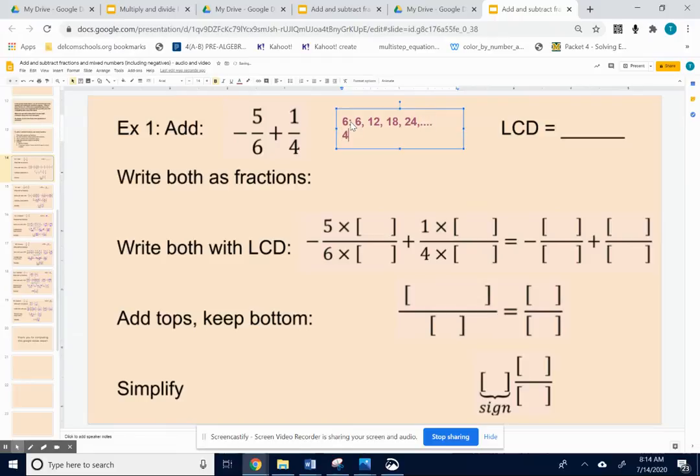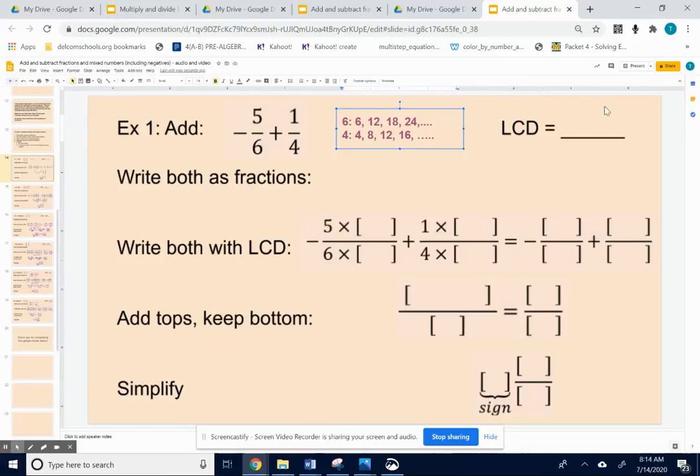And if I count by 4s, I have 4, 8, 12, 16, on and on. The first number that's common in your two lists is going to be the least common denominator. So it's 12. You don't need to use that text box. I just gave it to you if you needed it.